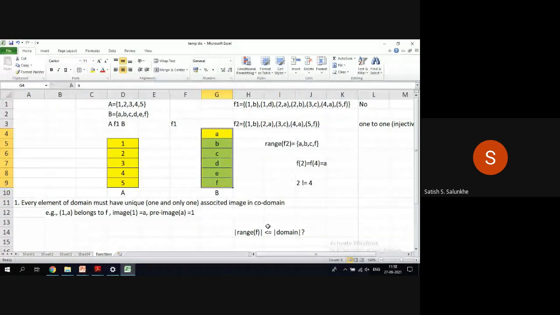Sir, a function is an onto function if every element of the codomain is present in the range. Range is equal to codomain. Every element of the codomain is present in the range. Yes. Or alternatively, every element belonging to the codomain has pre-images in the domain. Yes, sir.